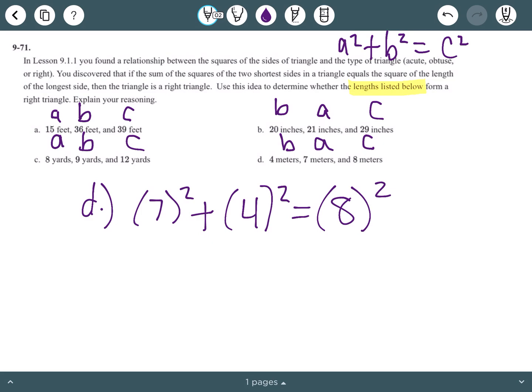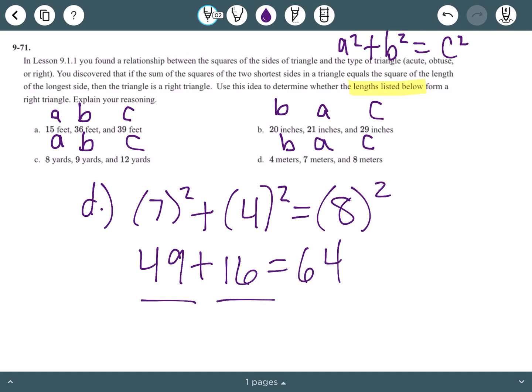Remember to use those parentheses. So 7 squared is 49, plus 4 squared is 16, and 8 squared is 64.